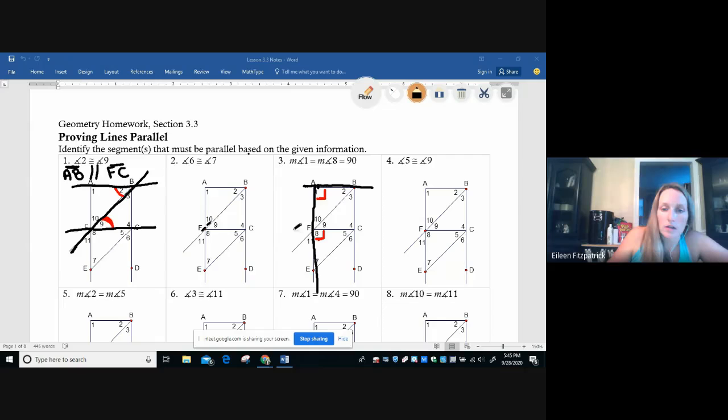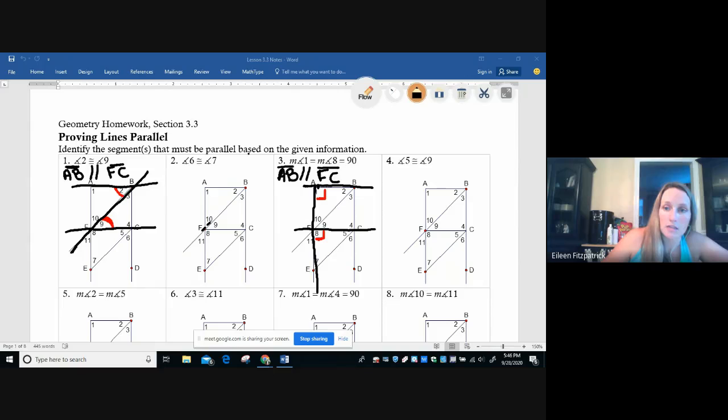The other side of angle 8 is this right here. So again, try to only focus on the angles that are marked in the highlighted black segments. What kind of angles are these? I know they're right angles or 90-degree angles, but I'm talking like alternate interior, alternate exterior, corresponding, same side interior. They are corresponding angles. And when corresponding angles are congruent, what do you know about the lines? You know they're parallel. So again, AB is parallel to FC.